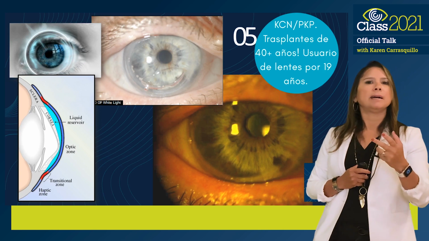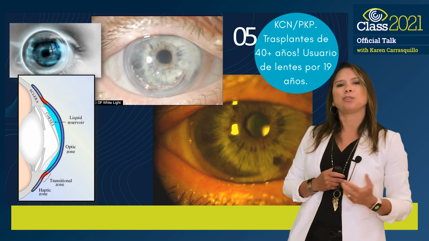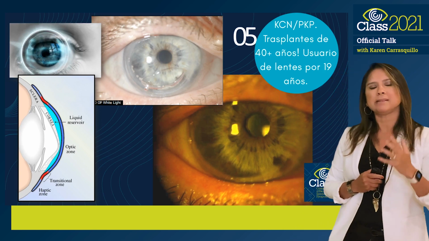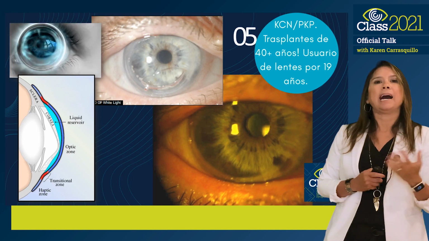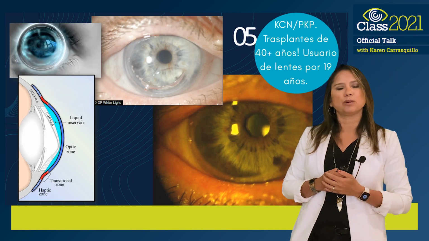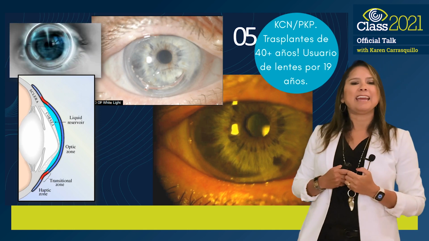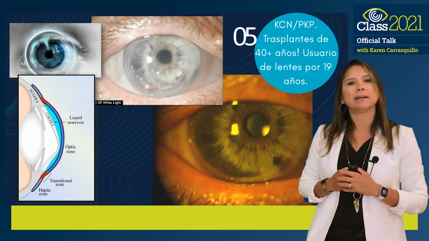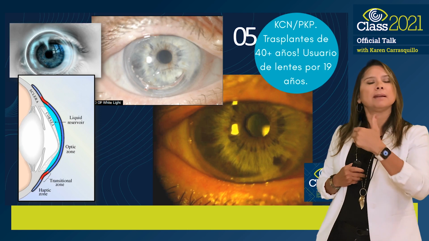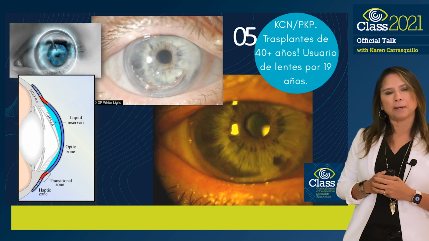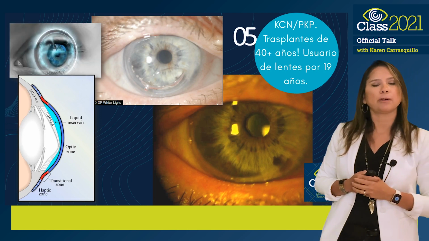And ultimately, we had to add the fenestrations in the optic zone in 2005. I adopted this patient, because he was from another doctor in my clinic, and began to adapt it with fenestrations in the optic zone to be able to eliminate the edema that this patient developed at that time.